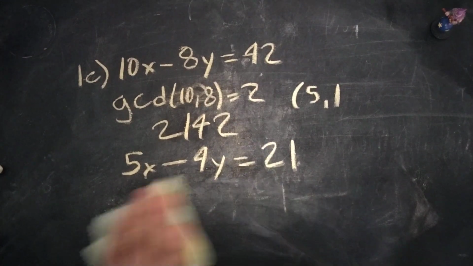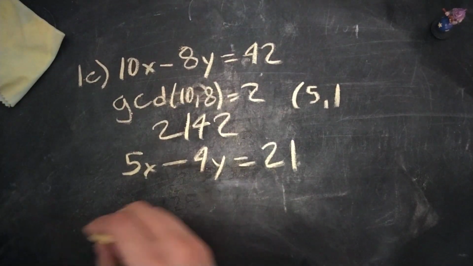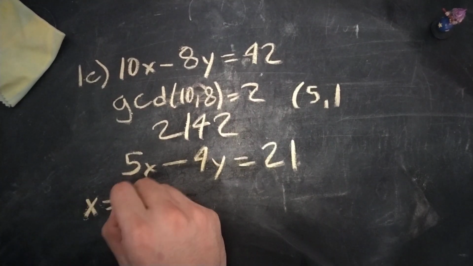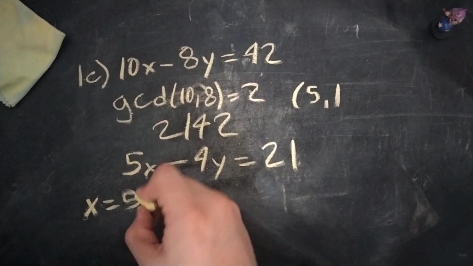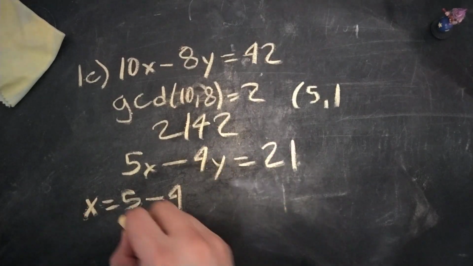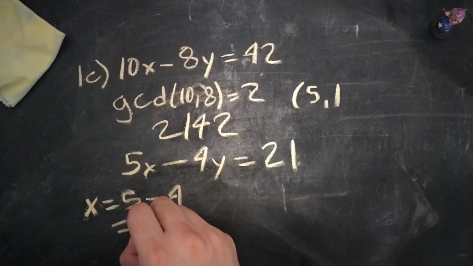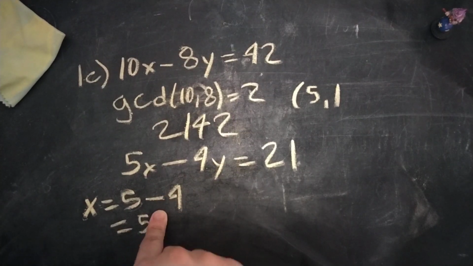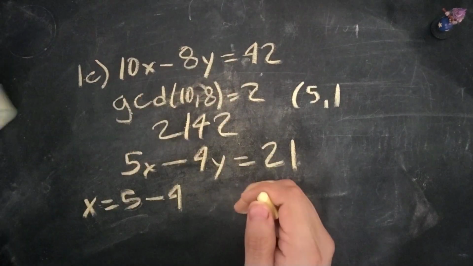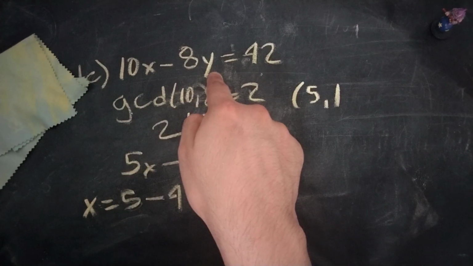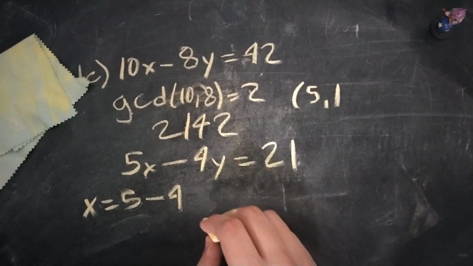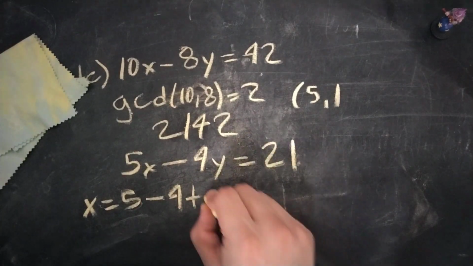Let's write down the general solution. The general solution is of the form x is equal to 5 plus 4t. If you didn't divide, the ordered pair would still be 5 and 1, the only difference is you would get an 8 here divided by 2, and you would end up with the same solution as shown.